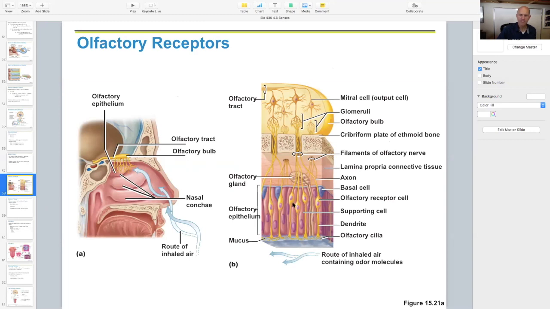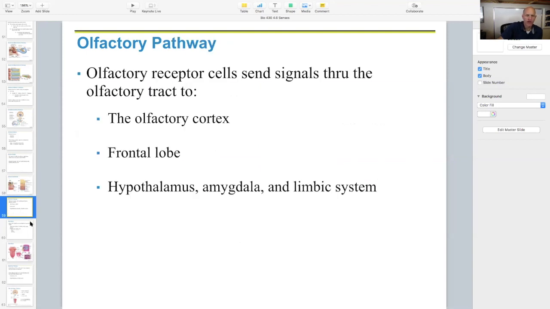Look what kind of nerves these are. Again, bipolar nerves. There's two arms to this bipolar cell. So we have some bipolar cells picking up the chemical sensation, sending it to the olfactory bulb, and that olfactory bulb then takes that information to the brain and to the olfactory cortex.